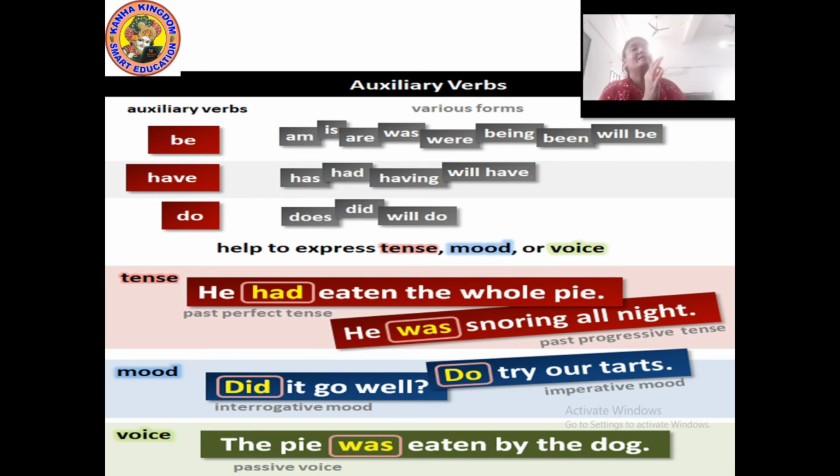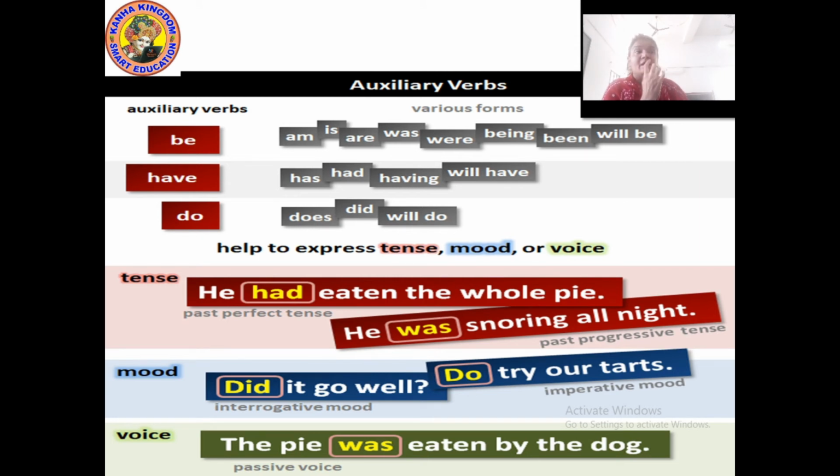Okay, and the tense. If I ask about the tense of this sentence, then had is used for past tense, but as I told you, has, have and had are used for perfect tense. So here had is used and the sentence is in past perfect tense.